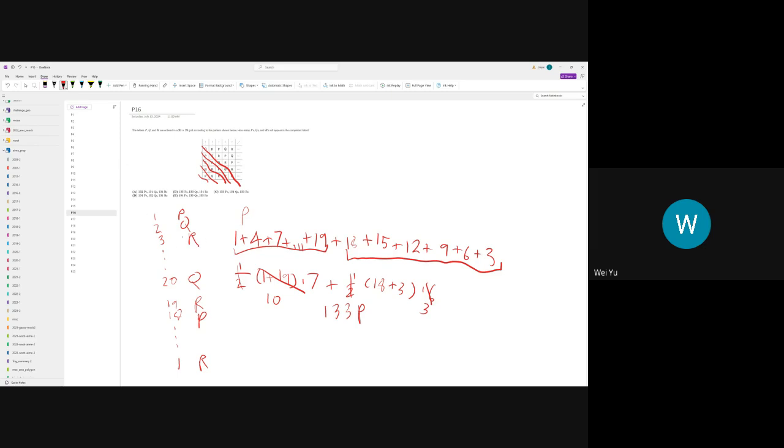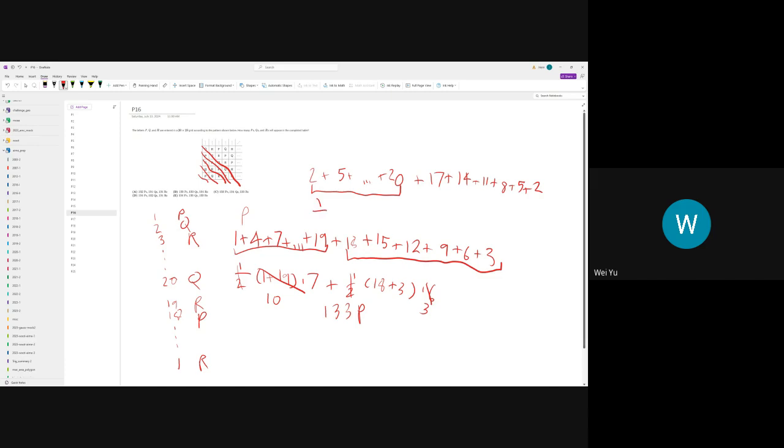Okay, we can use a similar method for the Q. So 2 plus 5 plus dot dot dot plus 20, plus 17 plus 14 plus 11 plus 8 plus 5 plus 2.